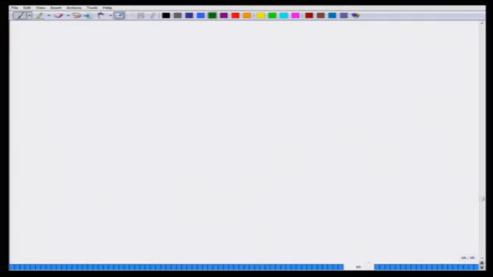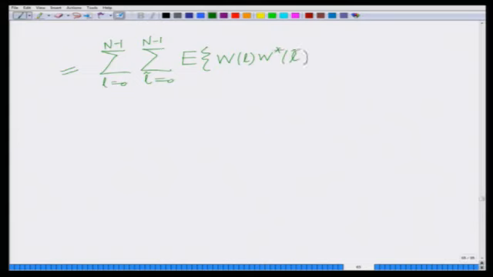Therefore, I can simplify this as the double summation of the expected value of w(L) w conjugate(L tilde) times e to the power of minus j 2 pi k, L minus L tilde, divided by n.